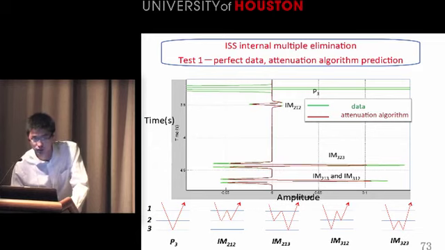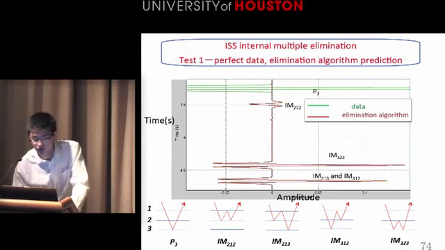Here, IM212 is a first-order internal multiple generated at the first reflector. And here, IM323 is a first-order internal multiple generated at the second reflector. And there are two more internal multiples, IM213 and IM312, that are generated at the shallowest reflector. And we can say the attenuation algorithm can predict the correct time and approximate the amplitude of these internal multiples.